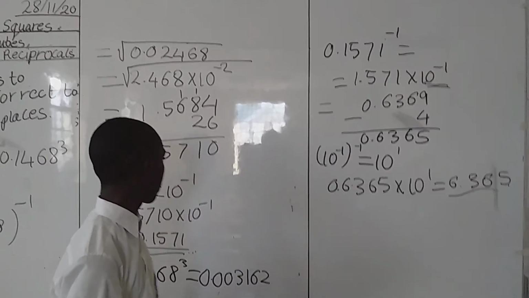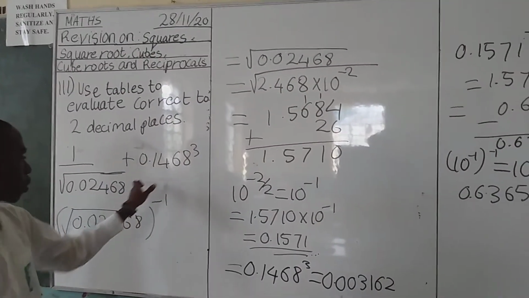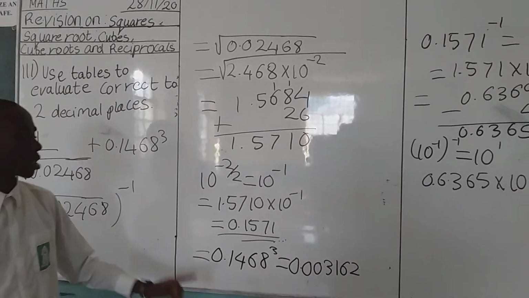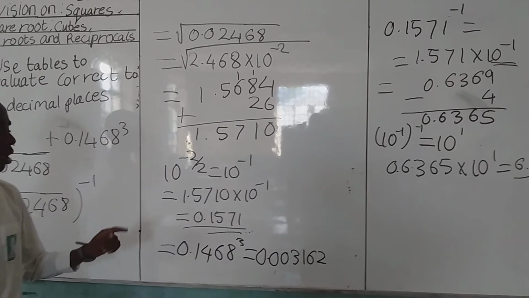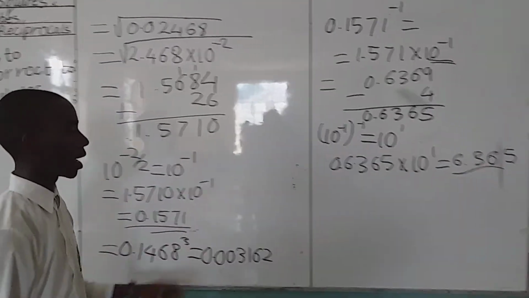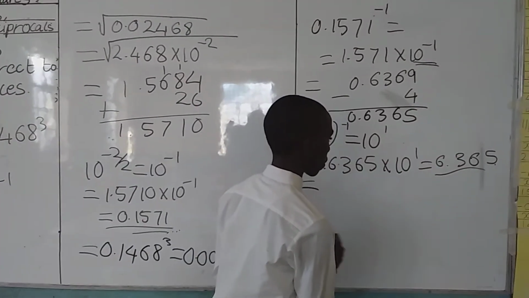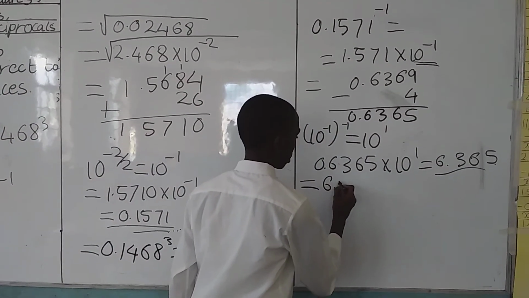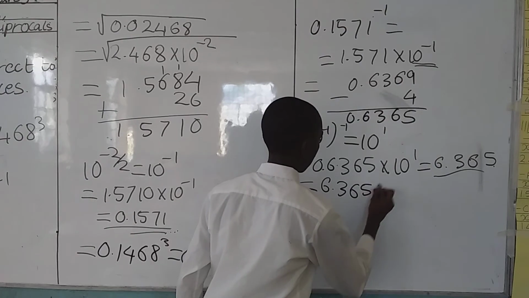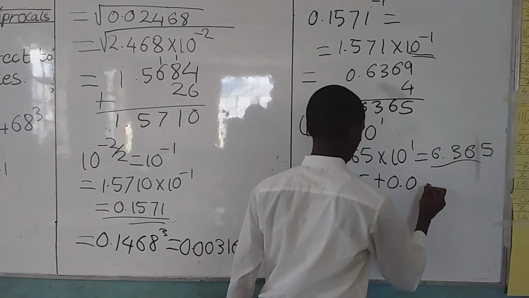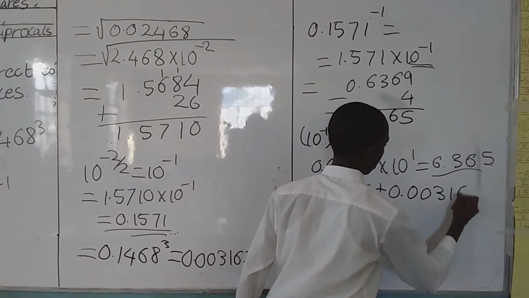So we found the reciprocal of 0.1571. We finished this part of the question, if you can remember where we started, and we've also found the cube of 0.1468, which is 0.003162. Now we'll add these two results together to complete our mathematical problem. 6.365 plus 0.003162.